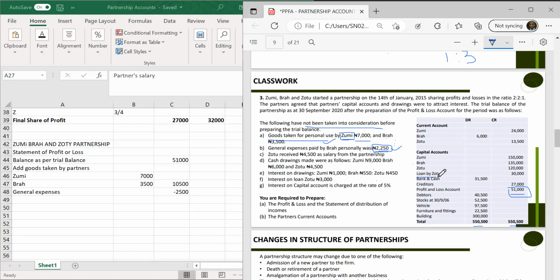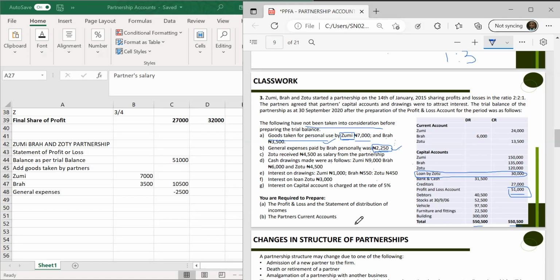Can you see it here? It's a credit balance. If it was a debit balance, are we the ones that gave Zotu a loan or Zotu gave us a loan?